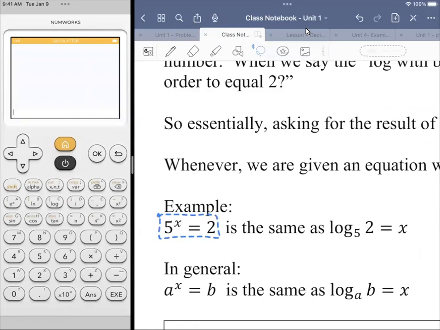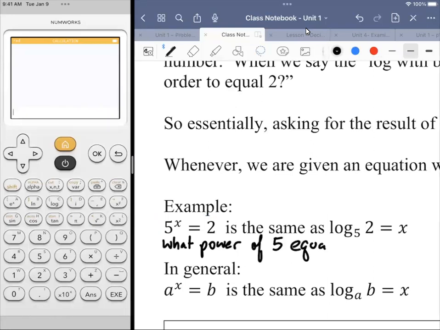So what this is saying here is, what power of 5 equals 2? Or you look at it and say, well, 5 is going to be raised to some number and get a result of 2. What's that number?